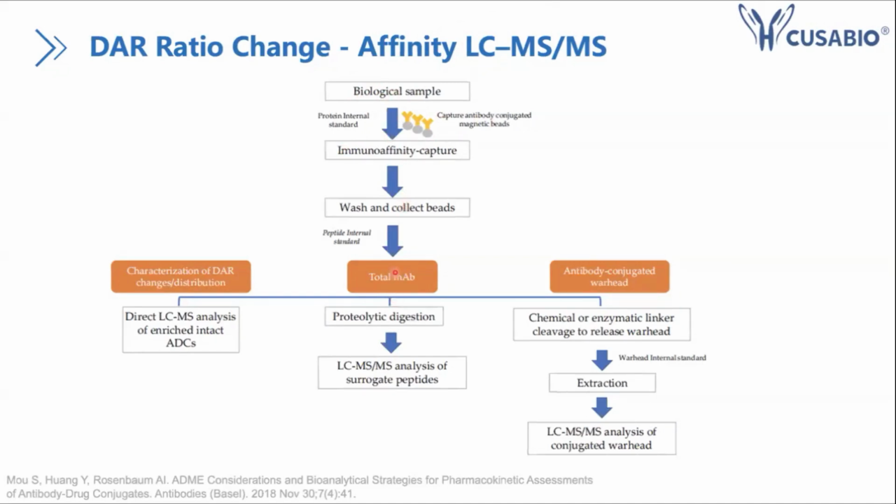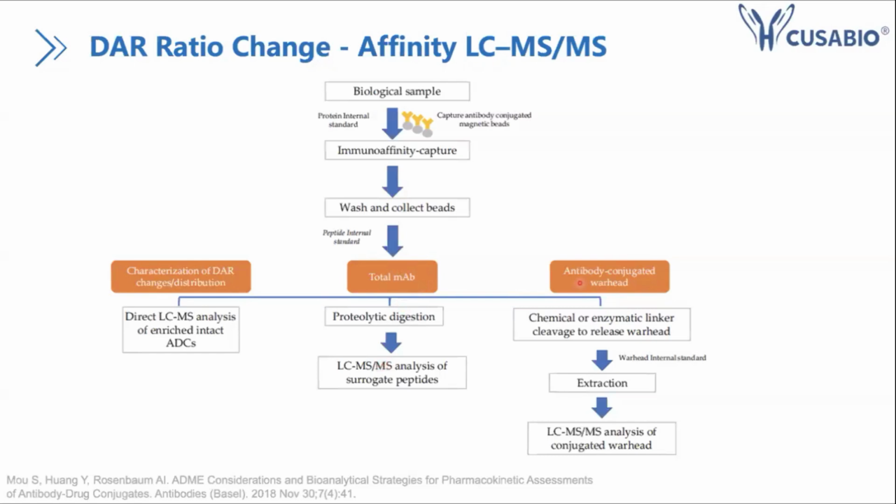After the enrichment and isolation, the different analytes can be released from the ADC. For example, if we care about the antibody portion, we can perform hydrolysis to degrade the protein, and then we can use mass spec to analyze it.